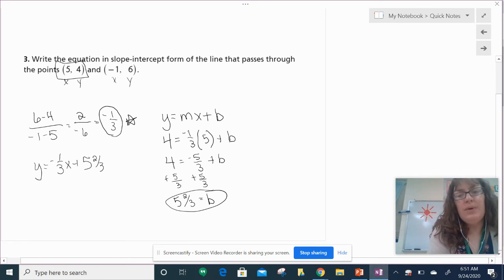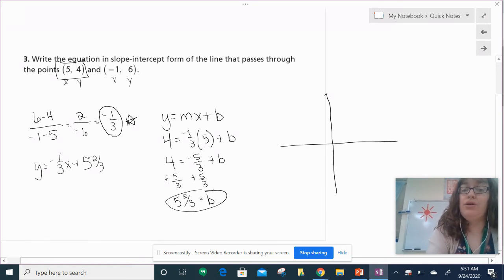And guys, if I really wanted to check my answer to see if I was correct, I absolutely could do two things. Number one, I could graph the 2 points. So over 5, up 4, and -1, 6. And then I could check that with the equation that I wrote.